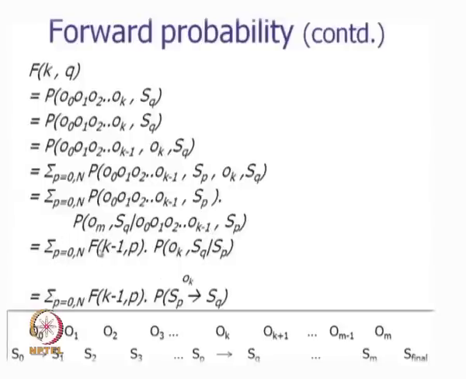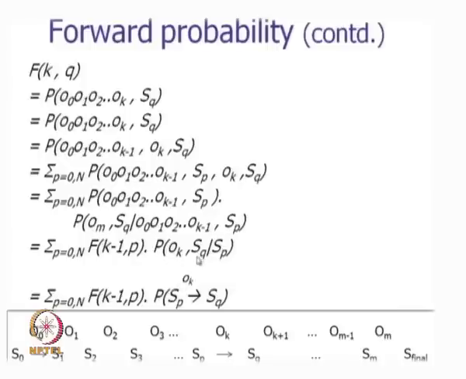So, now we have this part, which is nothing but f k minus 1 p: the probability of seeing O naught, O 1 up to Ok minus 1 and being in state Sp. In this particular probability we can ignore everything other than Sp, because the previous observation symbols do not influence it according to the Markov assumption.